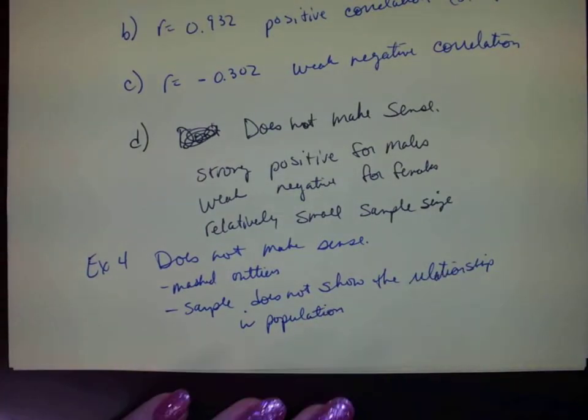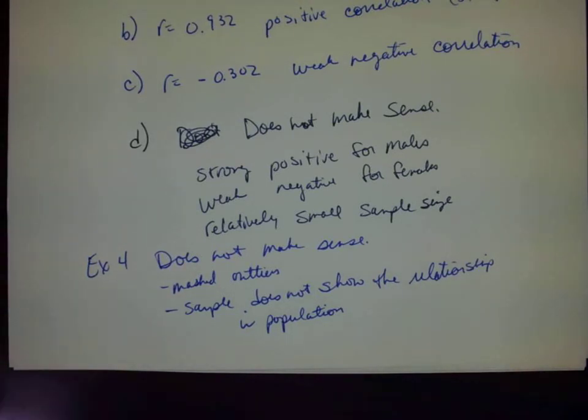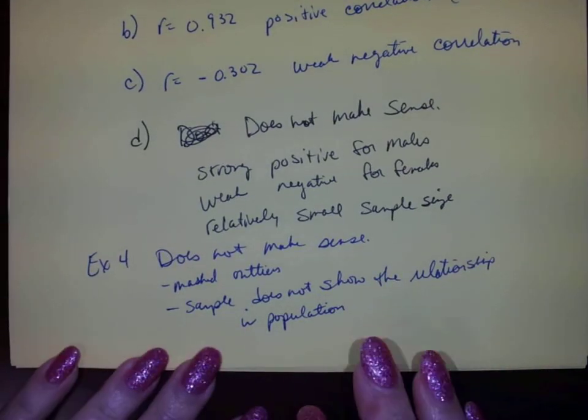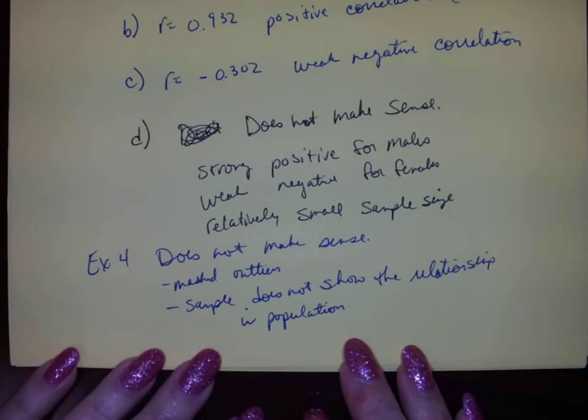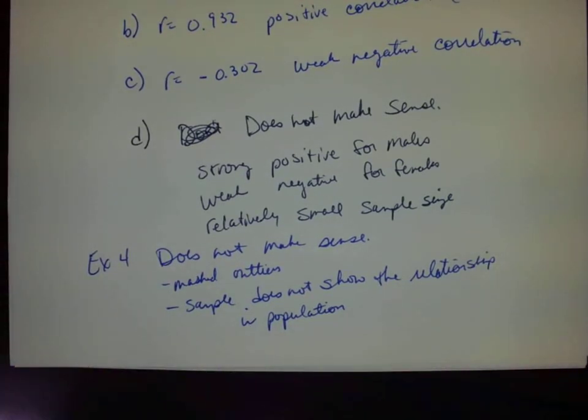Usually our samples are showing us what we're expecting to see in the population, but in this case it may not show that relationship in the population because of something going on.